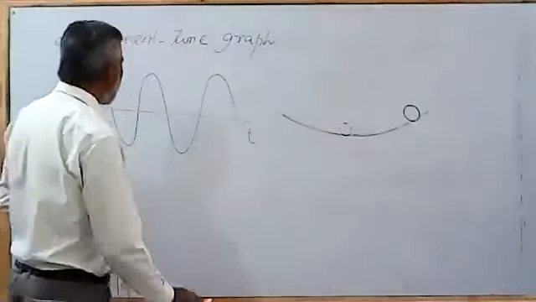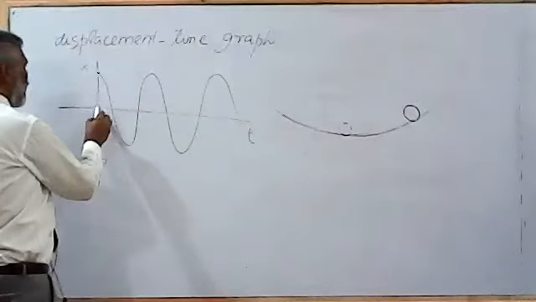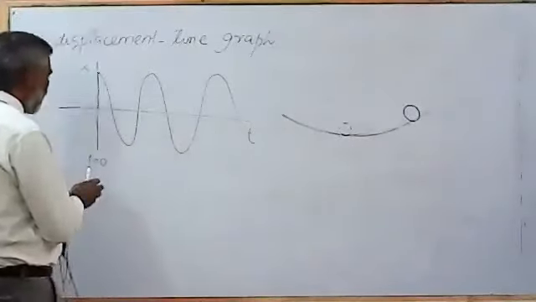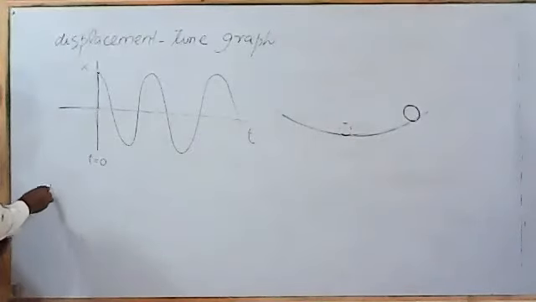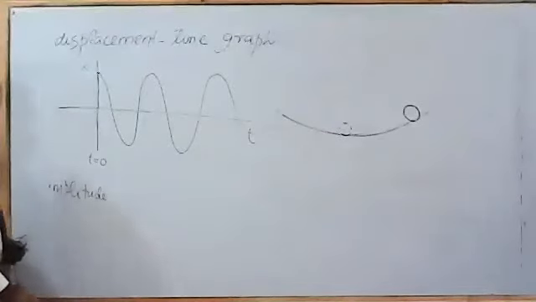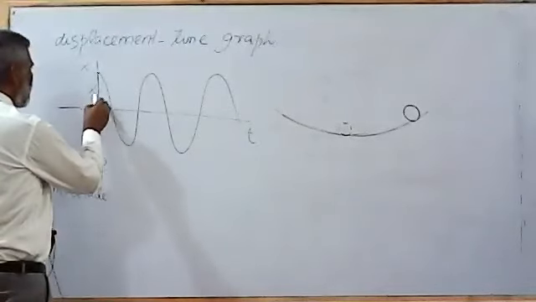So its displacement is this one. Whatever its value, this is its amplitude. So from this graph, one quantity that you can readily see is its amplitude. And let's label it as x naught.